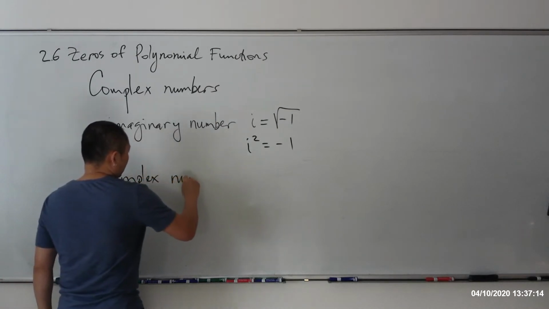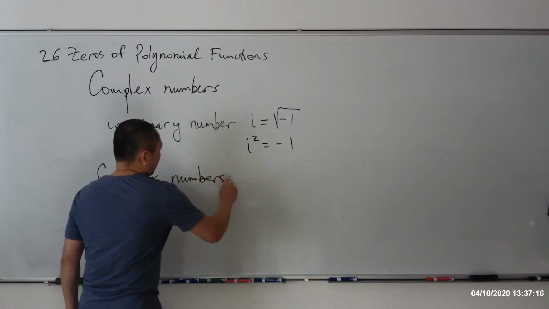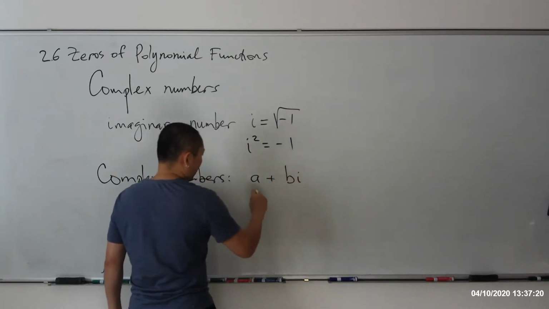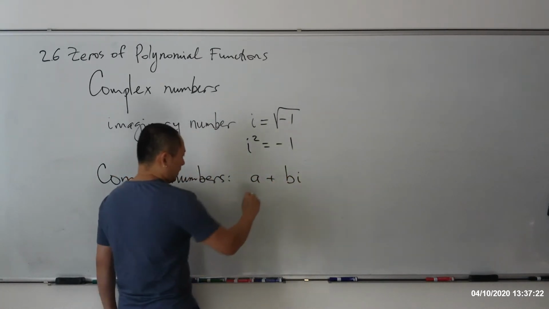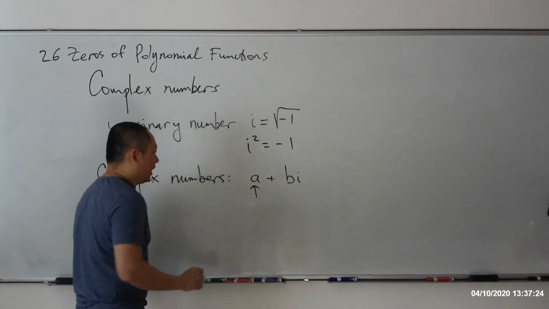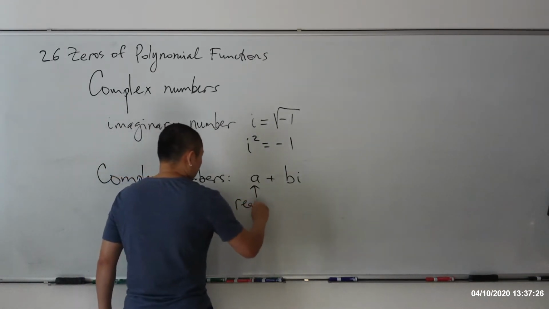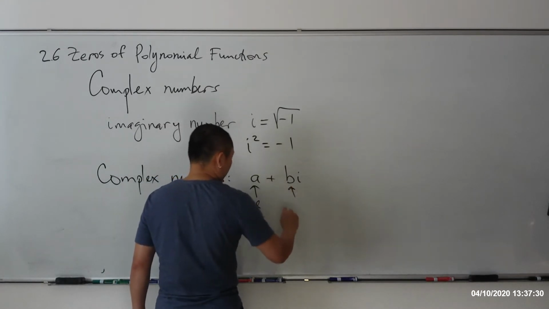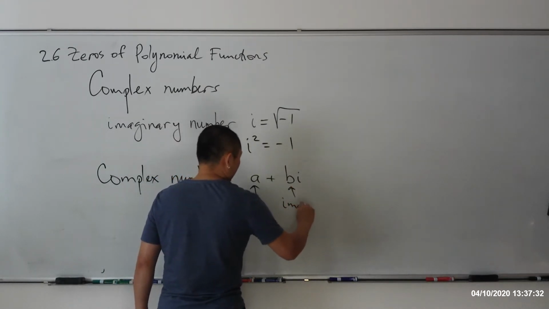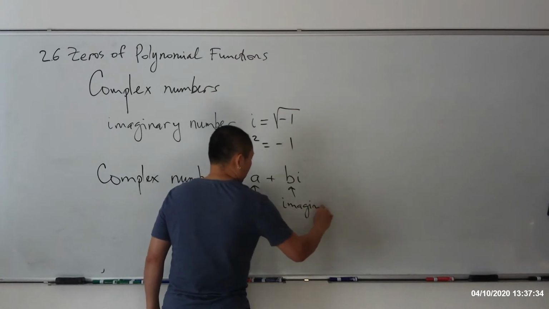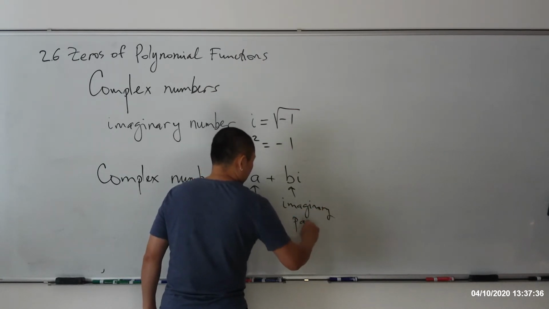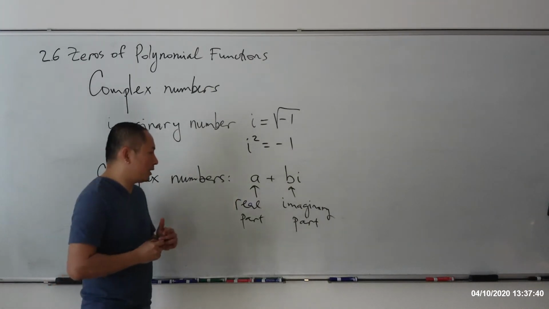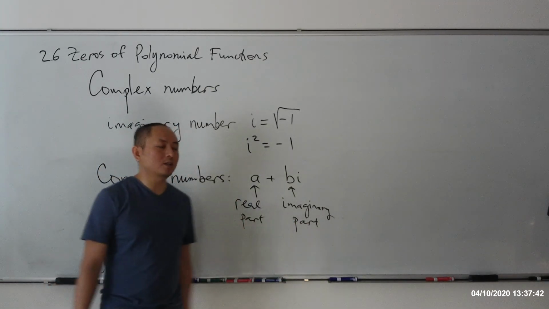It's a number of the form a plus bi, where a and b are real numbers. And a here is not going with i because it's the real part, and b goes with i because it's the imaginary part. So in general, there are two parts of a complex number: the real part and the imaginary part.